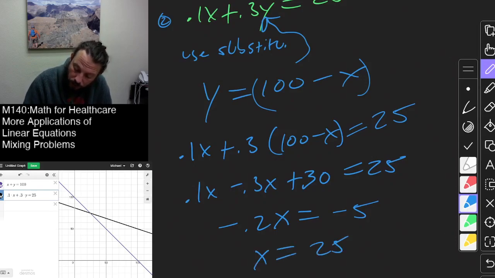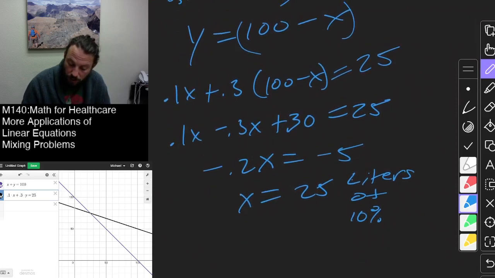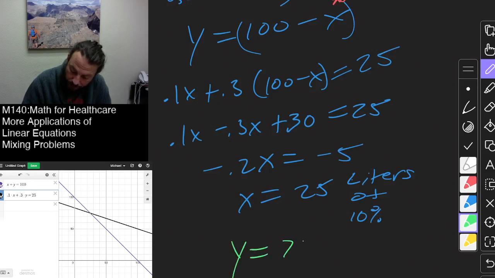And what is that? That's 25 liters of 10% solution. Well, we still need y. How much of y is there? We get y is 75, and that's liters of 30% solution.